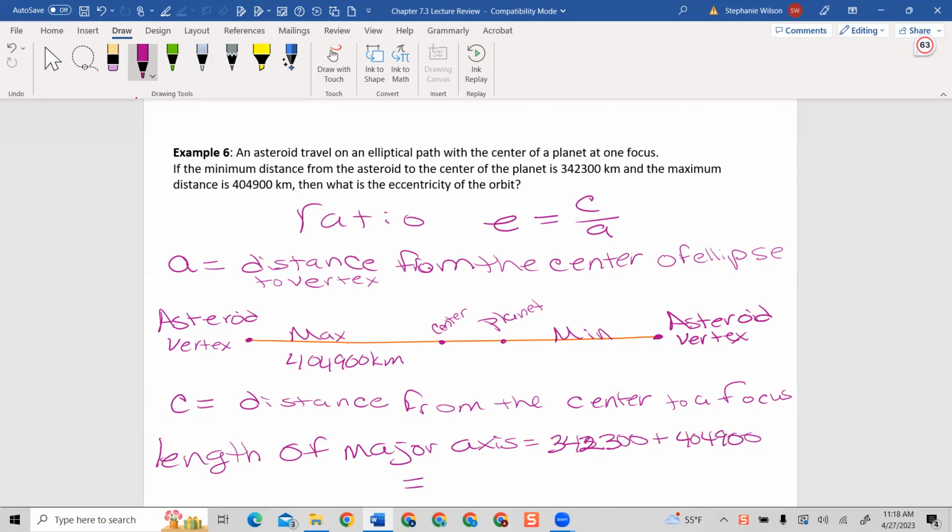So let's add it up. That's going to give me a total of 747,200 kilometers.